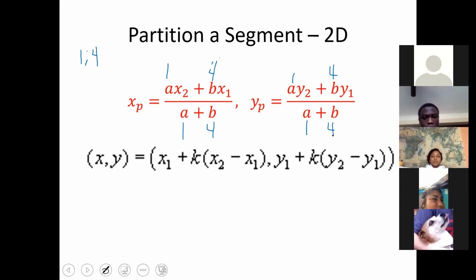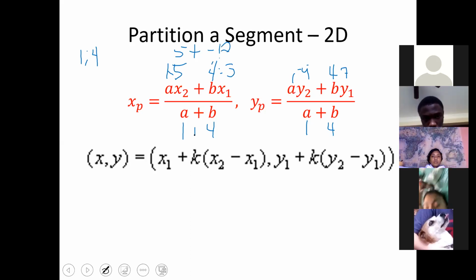Okay. My x sub 2 is 5. My x sub 1 is -3. My y sub 2 is -9. My y sub 1 is 7. Okay. So right here, these are all multiplied. So right here we have 5 plus 4 times -3, which is -12, divided by 5 because this is added. This will be 5. Go ahead and cancel these out.